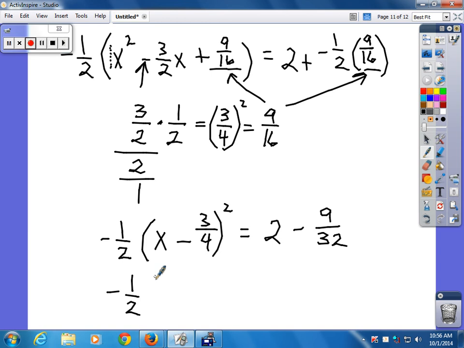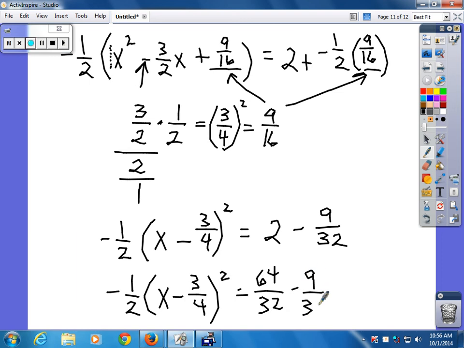Negative 1/2 times x minus 3/4 quantity squared is equal to 64 over 32 minus 9 over 32.